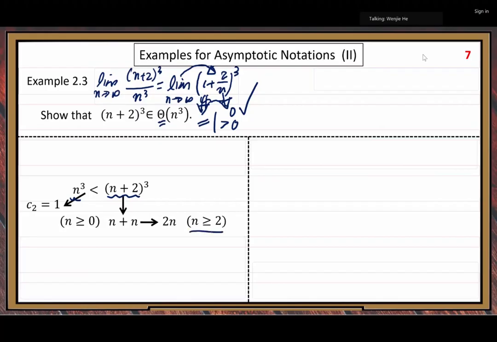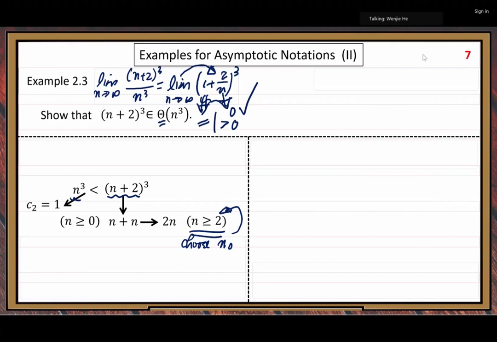So here we can add some condition, right? Otherwise you worry about n less than 2, and then you cannot get an upper bound. Fortunately, remember, in our definition we can choose some special n0. This extra condition just corresponds to the choice of n0.